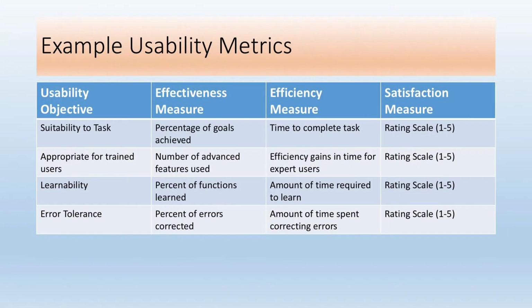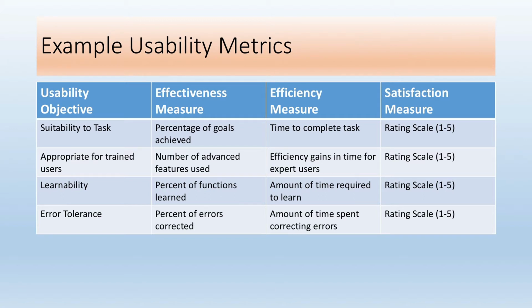So we put this together into a usability matrix, or we can put it together in something that can give us an actual set of written, final documentation of how well we've met these aspects of the usability. So, for example, if my objective is the suitability to the task, I've got things that I can measure for the effectiveness, for the efficiency, and for the satisfaction.